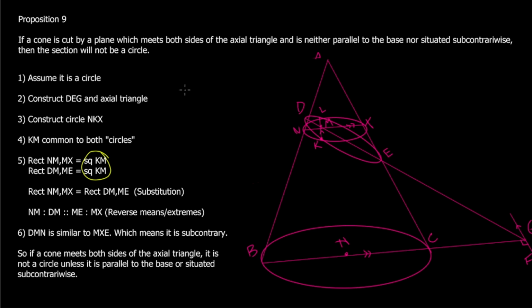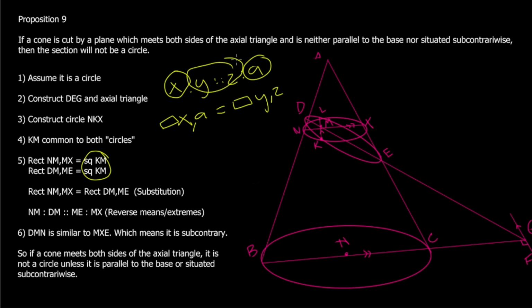So let's go over means and extremes again. Means and extremes is if you have any ratio x, y, z, a, the rectangle made up of the things on the extremes is equal to the rectangle made up of the things on the means, meaning the things in the middle. So if you have a rectangle equal to another rectangle, you can do this process in reverse.